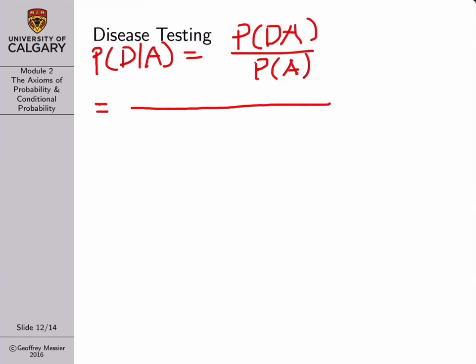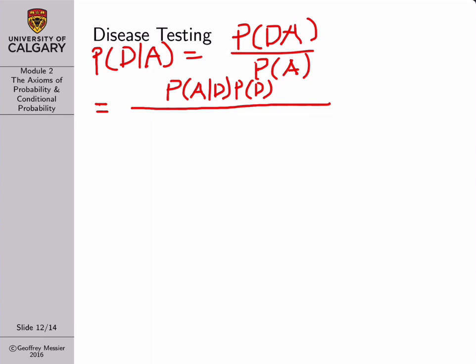So using the total probability theorem, we can express our numerator as the probability of an alarm, given that we have the disease, times the probability of the disease, which we have, right? We have both of those pieces of information.